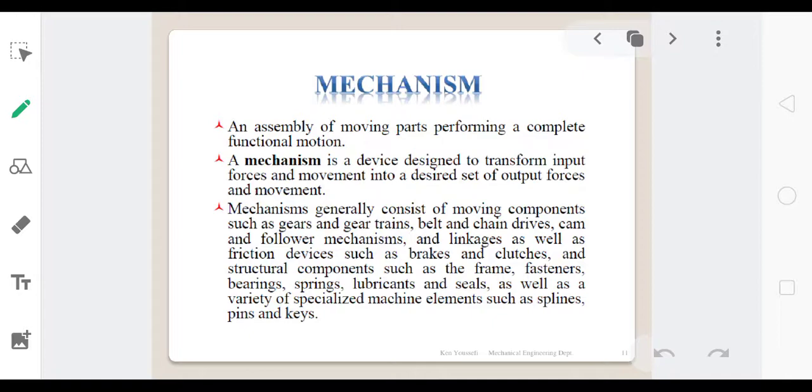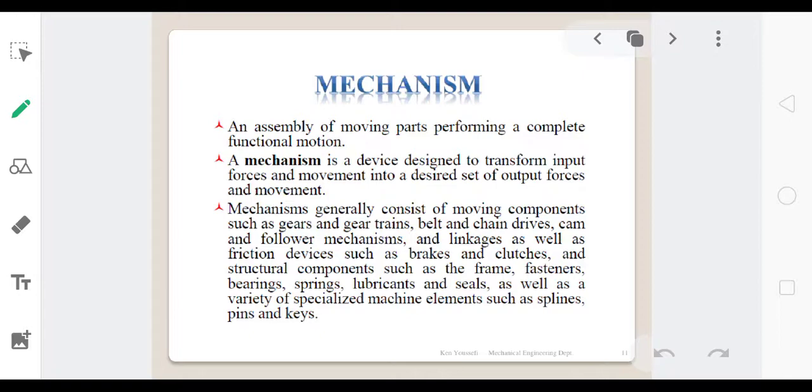What is a mechanism? It is a device designed to transform input forces and movement into a desired set of output forces and movements. A mechanism is normally used for transmitting forces as well as motion.